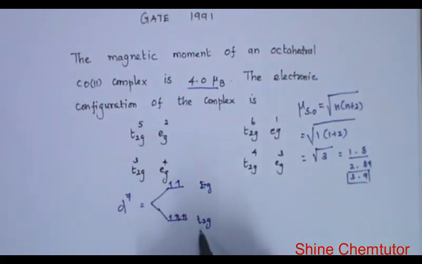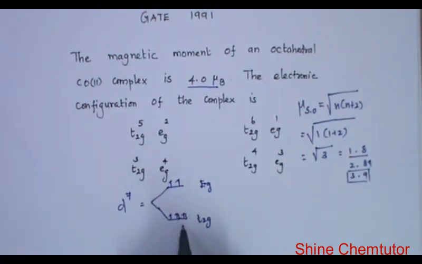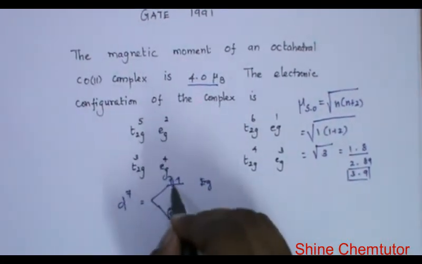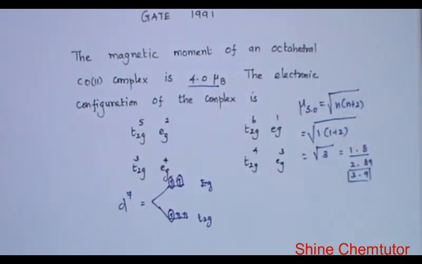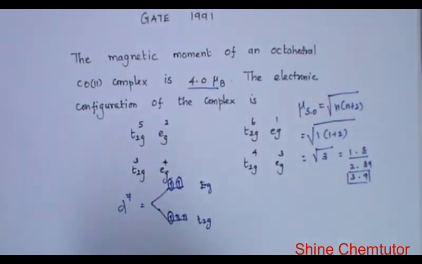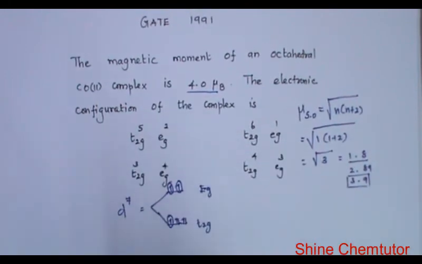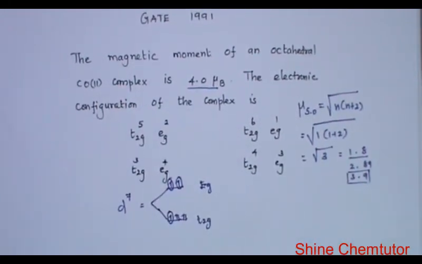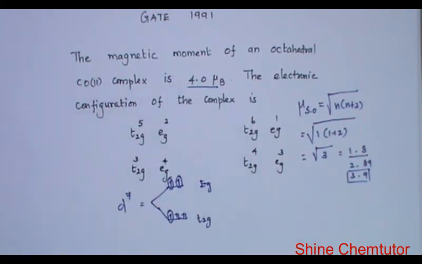So in t2g, there are 5 electrons and eg 2 electrons. In that case, the number of unpaired electrons is 3. So the magnetic moment will be around 3.8 or 3.9. If you go for spin orbit coupling, then it will be around 4.